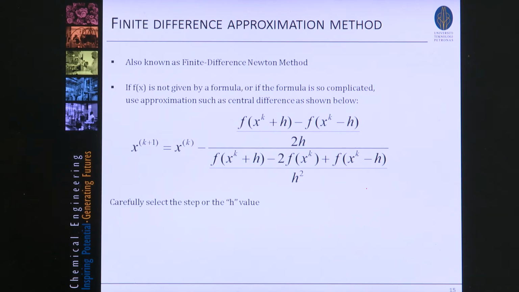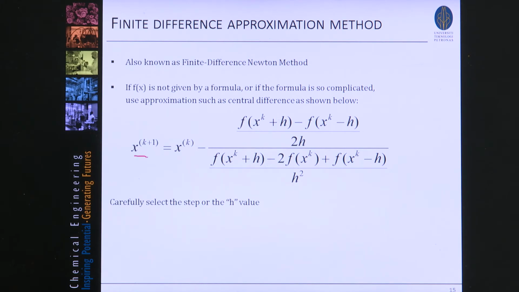In some functions, we cannot derive it. So instead of doing that directly with this function value, if we don't want to do any derivations, we could also tweak this Newton method a little bit with what we call a finite difference Newton method. It has approximations of the first derivative and the second derivative.